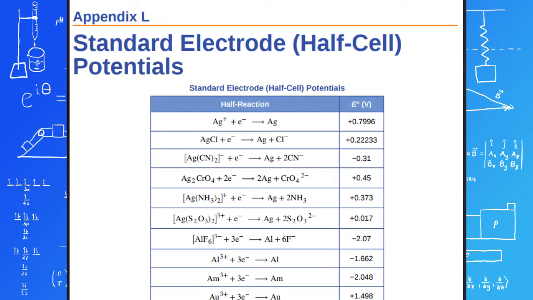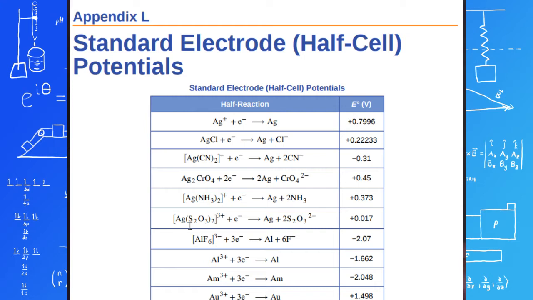So silver is actually the first one on there. It's got a half cell potential of positive 0.7996 volts. Let me find copper. So first let me write down silver, since it's going to be the first one, so I'm not going to lose its place.